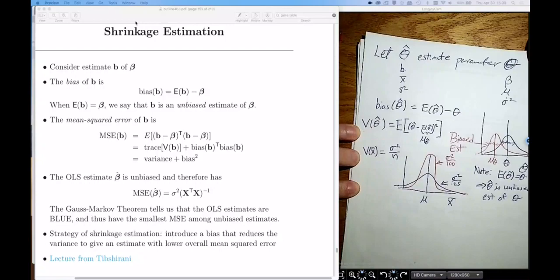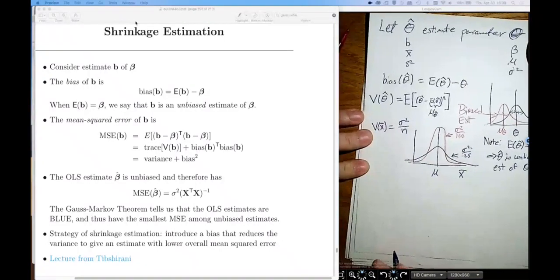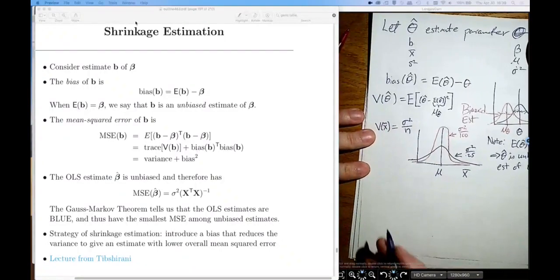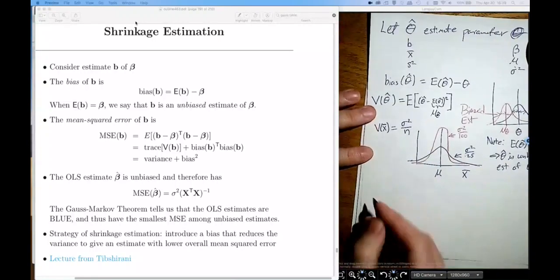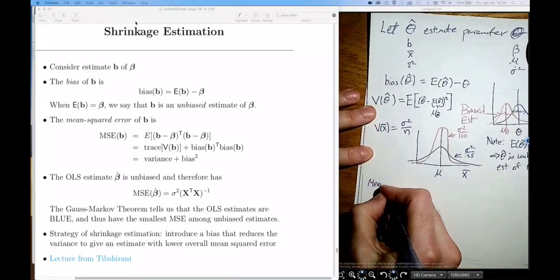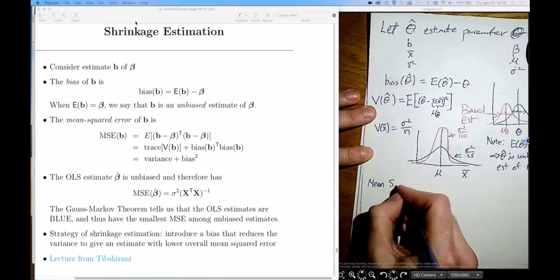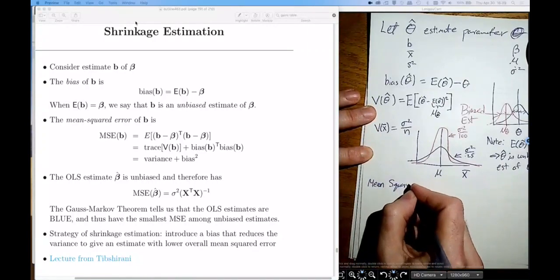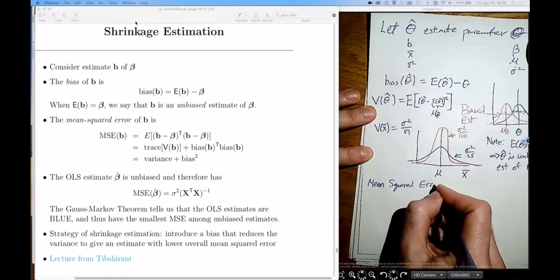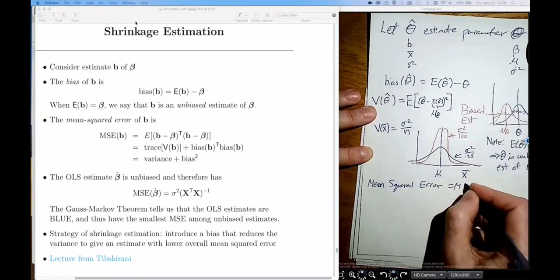The last property of an estimator that I want to discuss is the mean squared error, or the MSE.